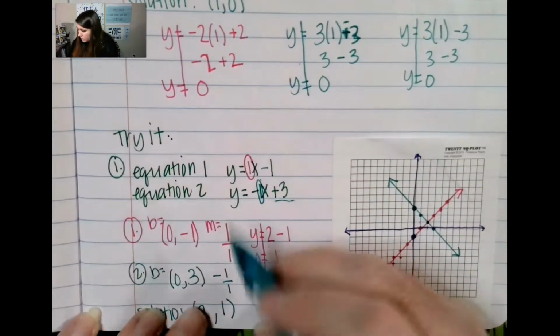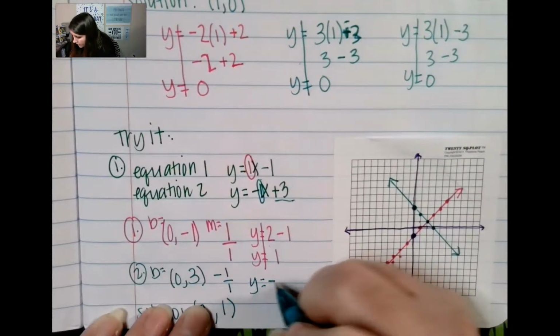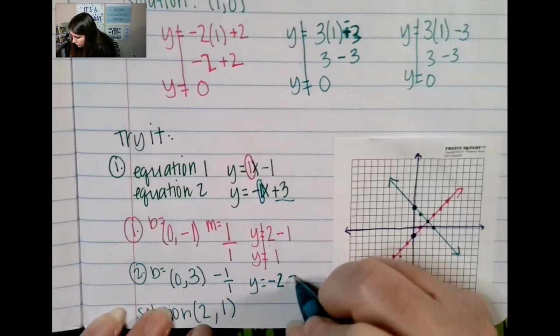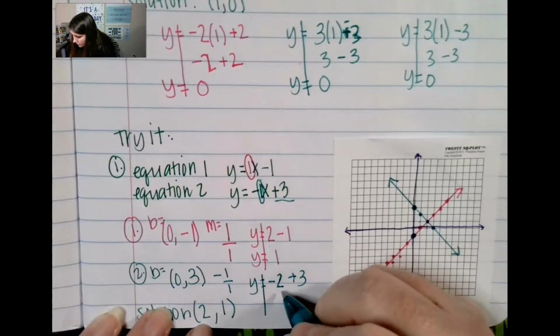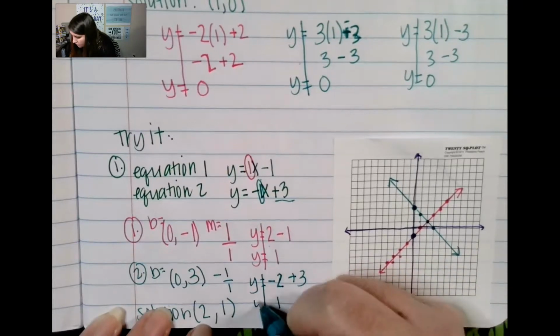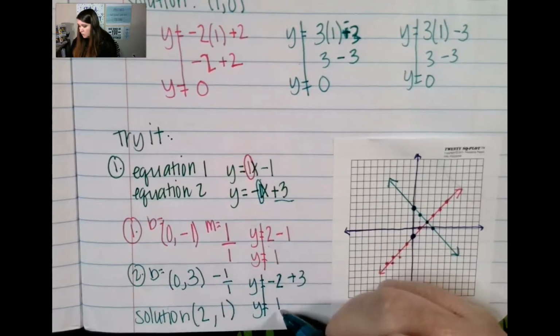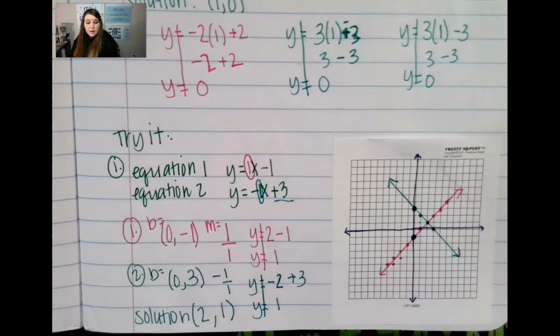And then on this one, if we say y equals negative 2 plus 3, if I have negative 2 and I add 3, I get 1, so y equals 1. So when x is 2, y is 1. They have the exact same solution, 2, 1.